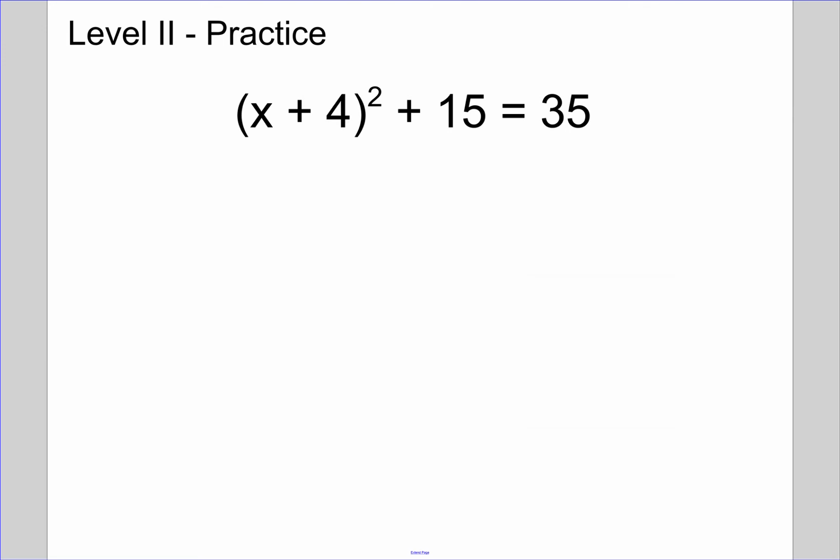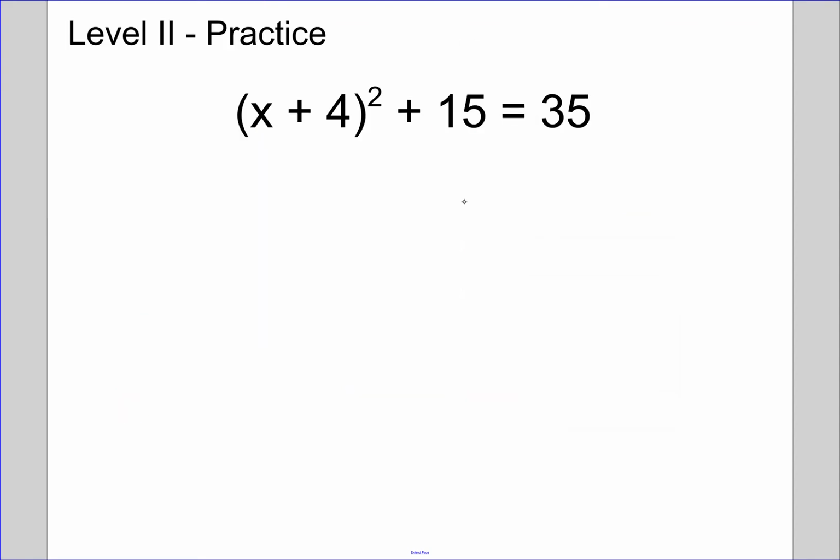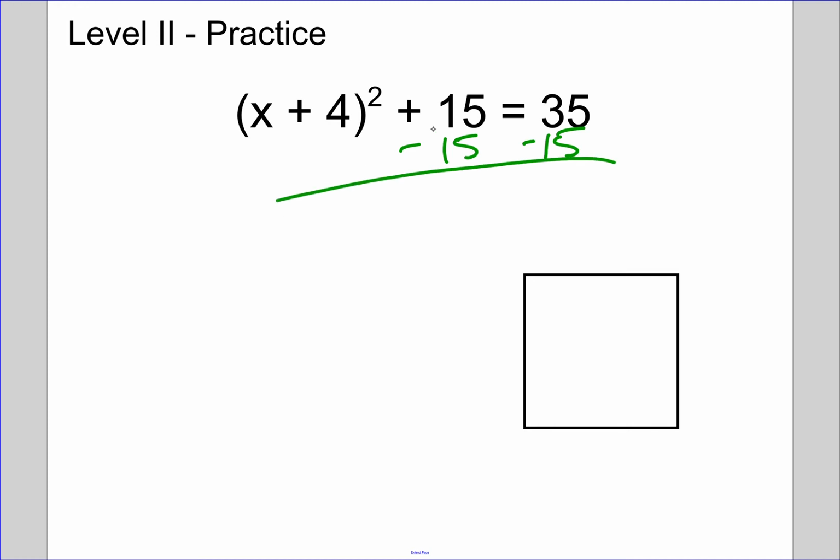Here's a practice problem. Go ahead and pause the video and take a second and solve that. Okay, so again, trying to get it into the same form as the last one, as something squared, so that we can take advantage of that symmetry of a square, we'll go ahead and subtract 15 from both sides.